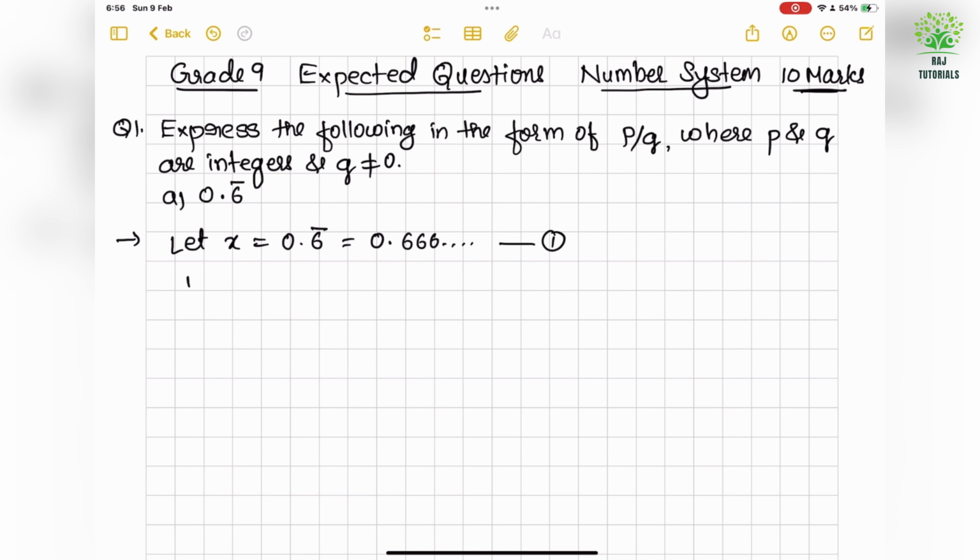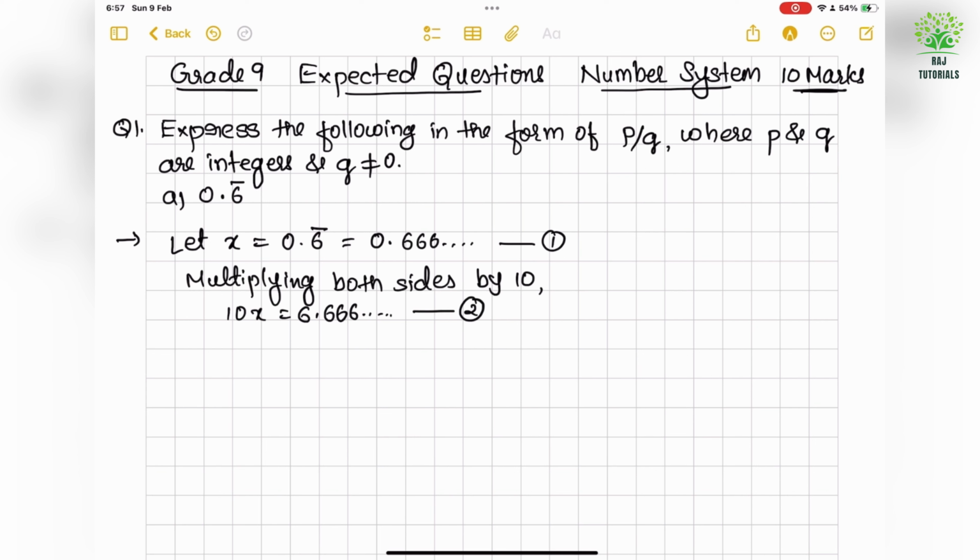Now multiplying both sides by 10, I will get 10x equal to 6.666 dot dot dot. So this is the second number. Now 2 minus 1, that is, I am subtracting the first equation from the second.